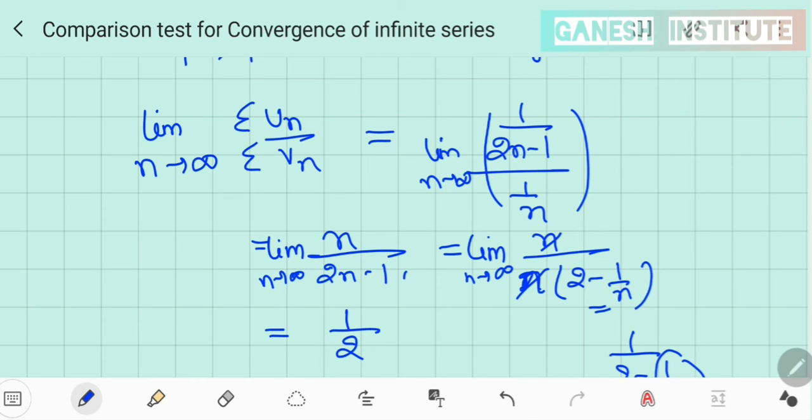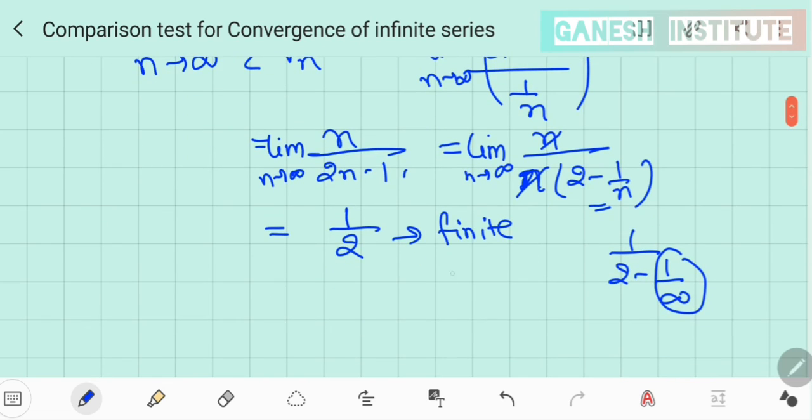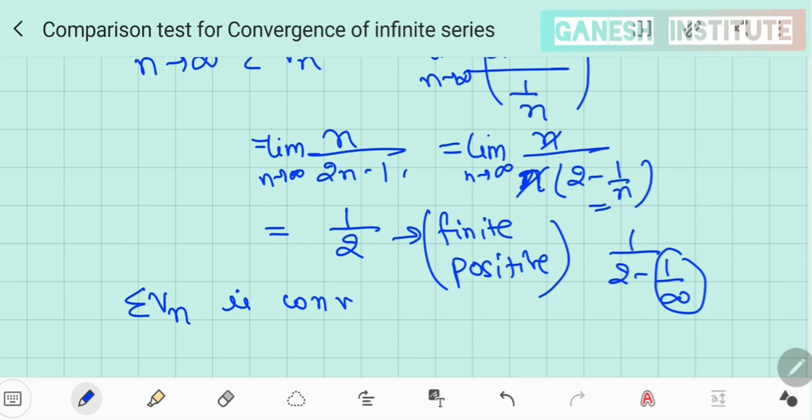Once you are done with this, you have the summation, and if it comes out to be finite and positive, that means your assumed summation is convergent. If it is finite and positive, you can apply the comparison test.